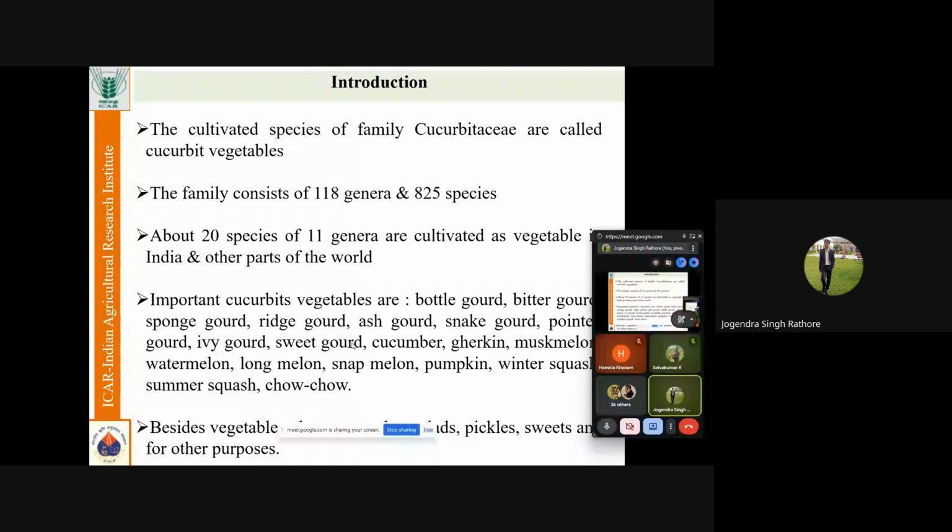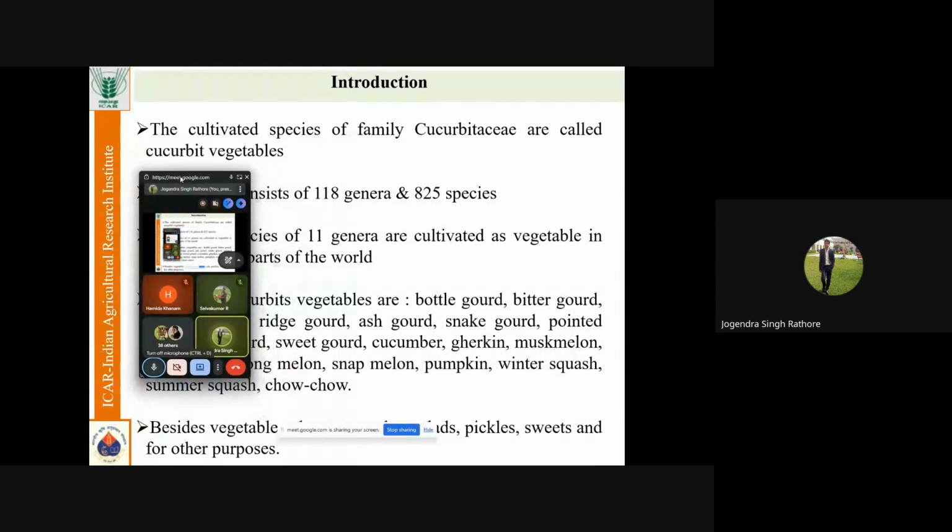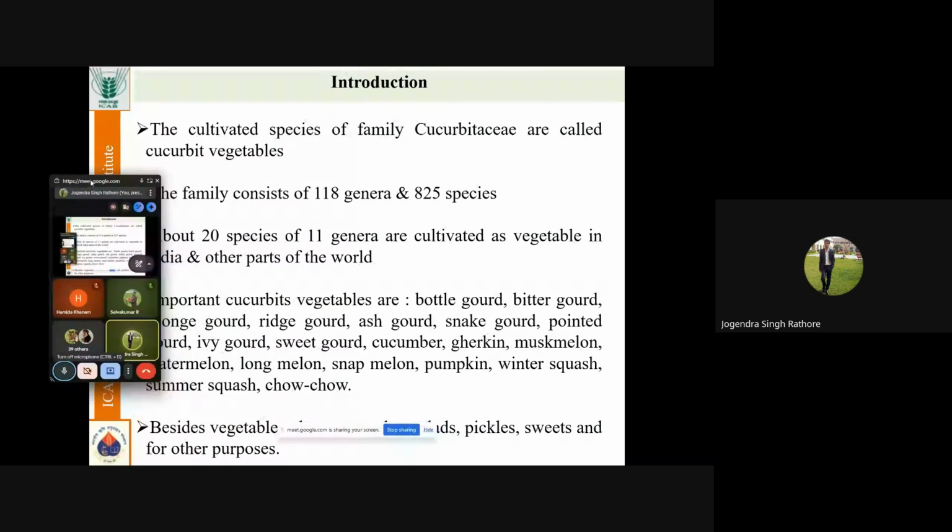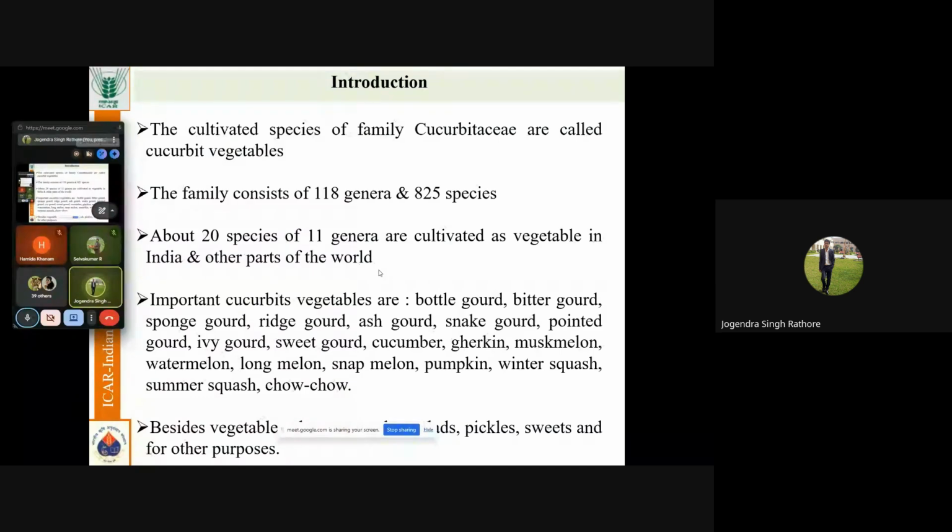As far as the important cucurbit crops are concerned, the most widely cultivated are cucumber, bottle gourd, bitter gourd, muskmelon, and watermelon.